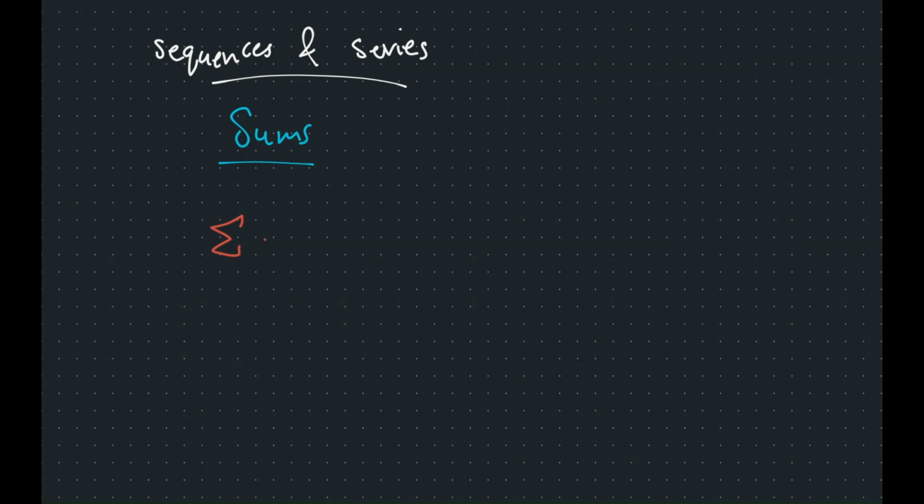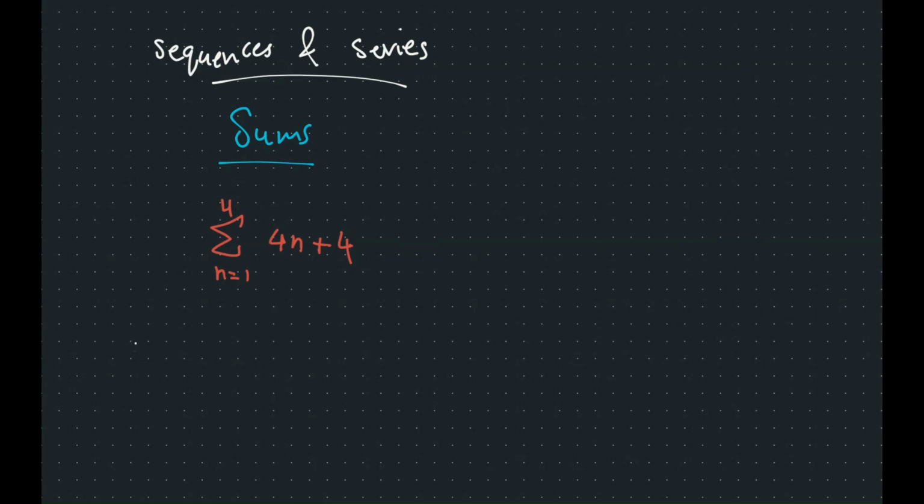And let's take an example. For example, if we have the sum of 4n plus 4, from n is equal to 1 to 4. There are a lot of 4s, but let's take this example. What this really means is we will substitute in place of n 1, and then 2, and then 3, and then 4, and we will find the sum of that.